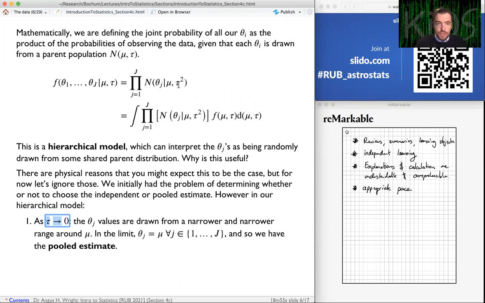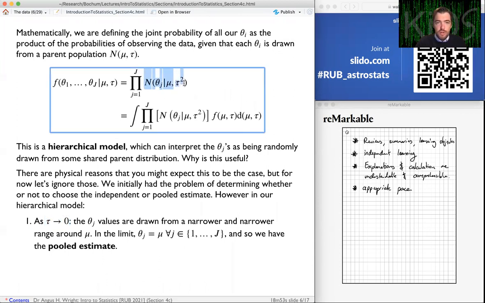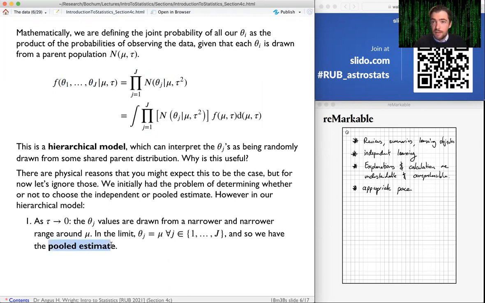Well, when tau equals zero, this normal distribution becomes a delta function with zero width, and it centers on mu, which means that all of the thetas get assigned the value mu, and all of a sudden we have the pooled estimate. So the pooled estimate is a subset of this function.